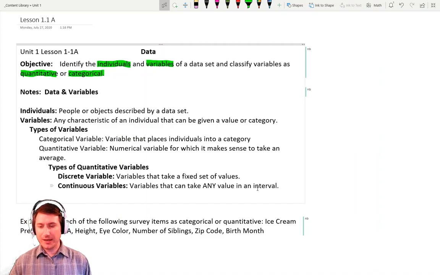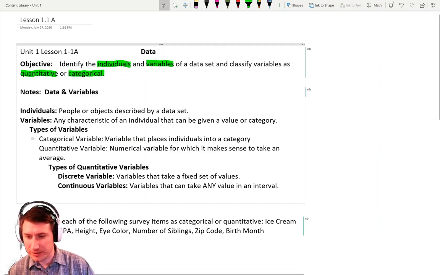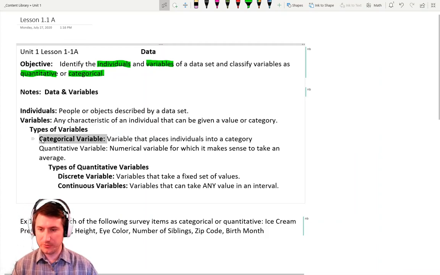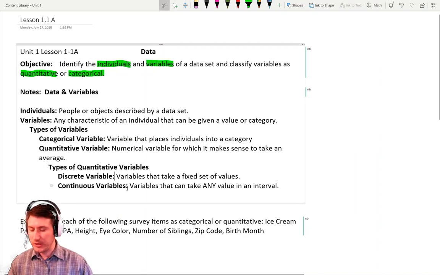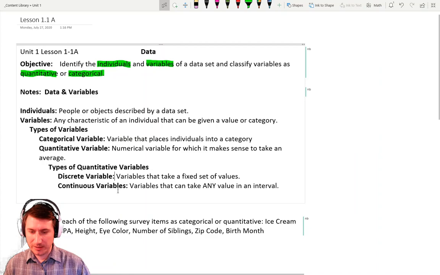So that's kind of how we can take our data, and just some communication vocabulary words that we should all be familiar with. And when we use these, hopefully you'll know what we are talking about. So let's put that into practice and actually classify a few things.